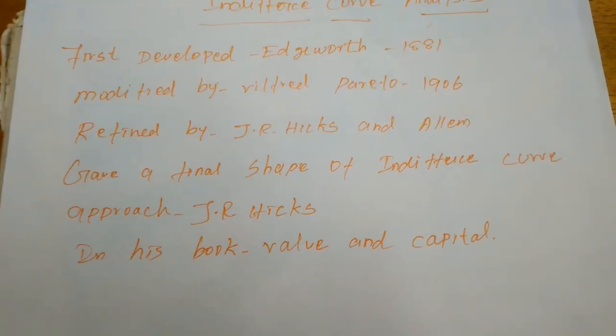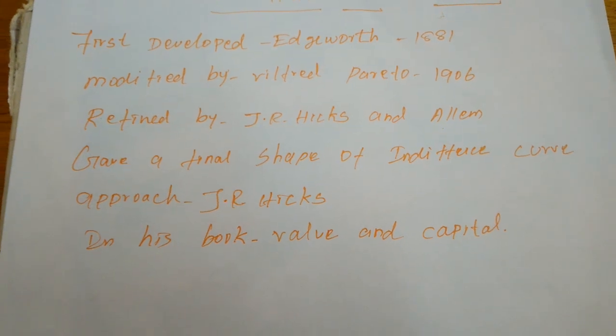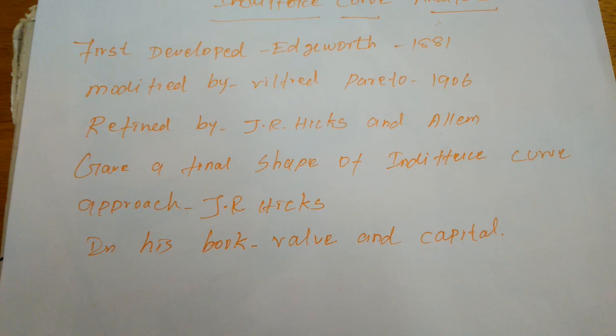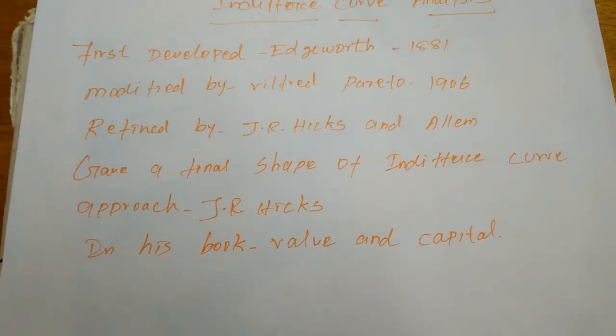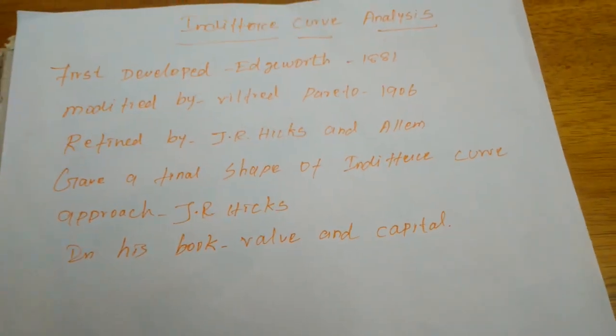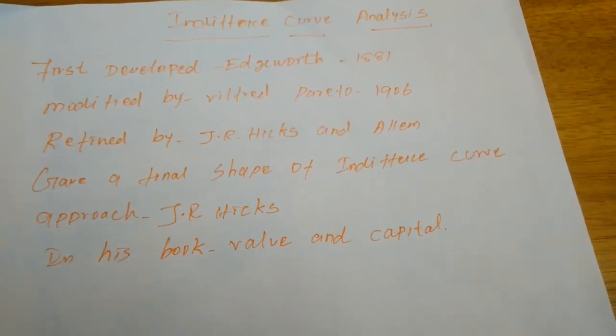Next, the utility cannot be cardinally measured but can be ranked or compared in order by ordinal numbers such as 1, 2, 3, the Roman letters. So there is no unit for measuring the utility.